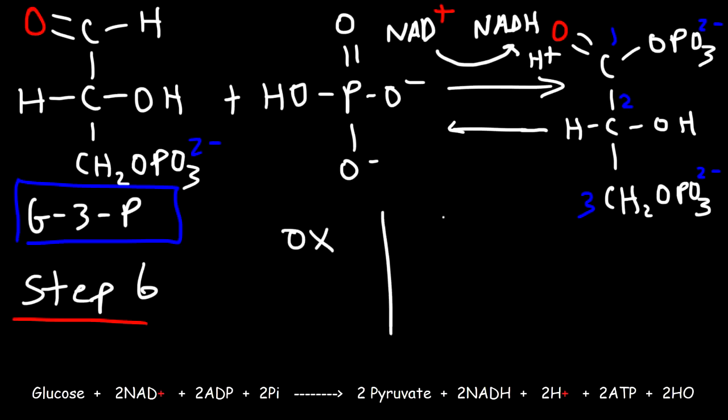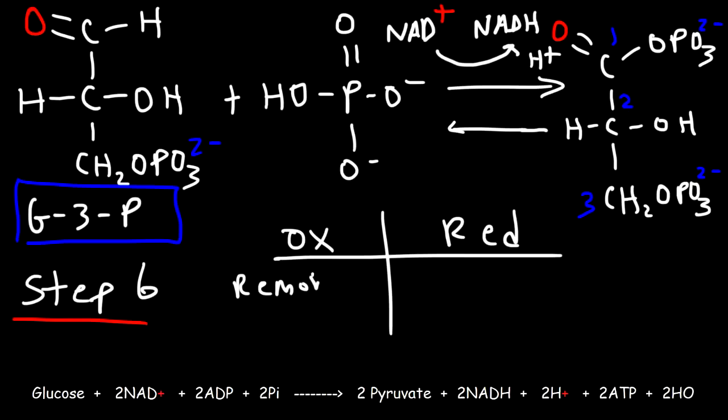And just to review, oxidation occurs when you either remove hydrogen or add oxygen. Reduction occurs if you add hydrogen or if you remove oxygen. So looking at this reaction here, going from NAD plus to NADH, we're adding hydrogen.